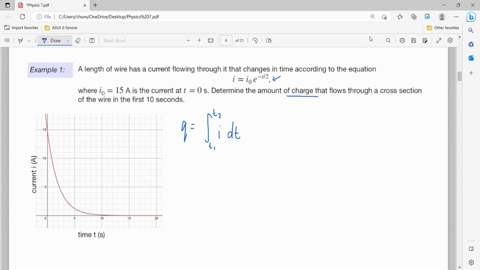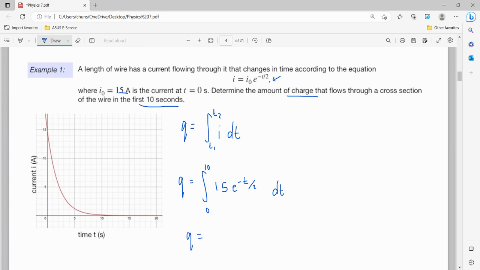So we're going to find charge in the first 10 seconds, so this is from 0 to 10 seconds in our time, and our I is equal to I naught, which is 15 amps, times e to the negative t over 2, dt.